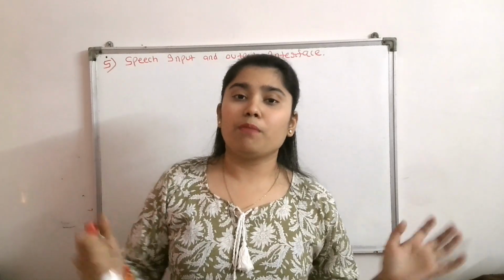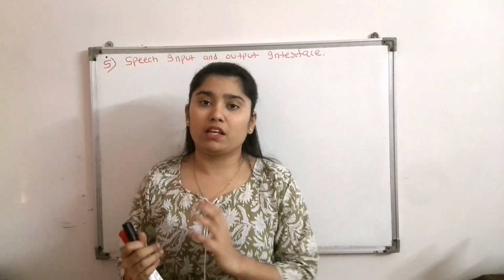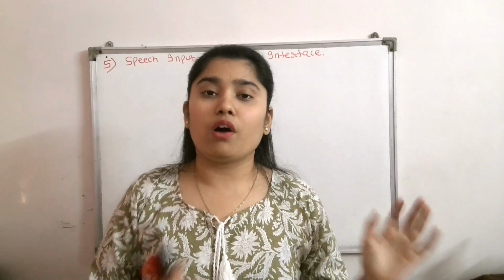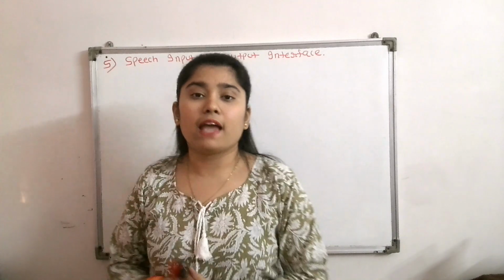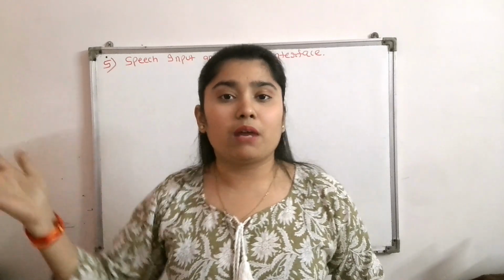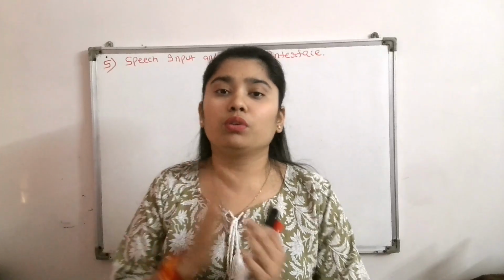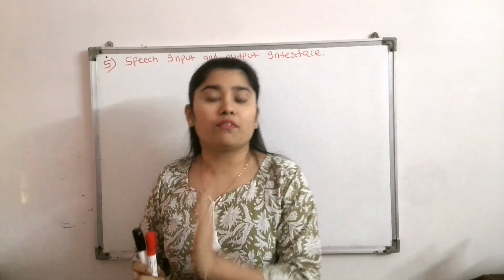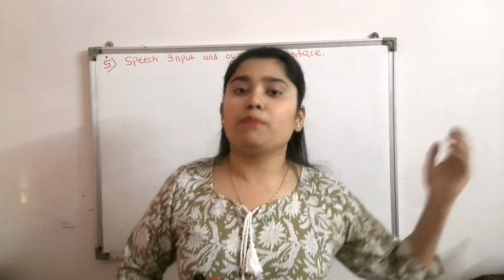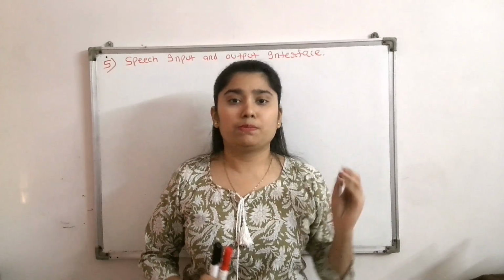Let's see how it performs. When you speak to the system, the system will convert your speech to text and then send the text to the database. Then the database will give the result to the system. Then the system will convert that text to voice, and give you the result by speaking.